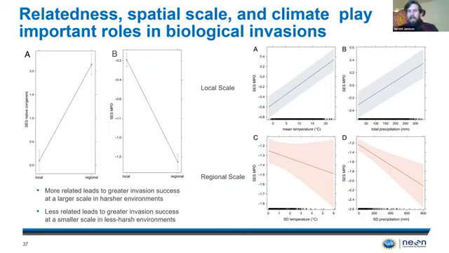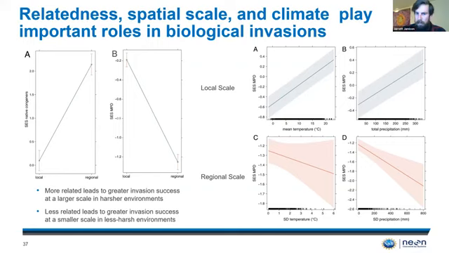Boxes A and B in the figure on the right show that mean phylogenetic distance, so less related, tended to increase with temperature and precipitation at local scales. So we see unrelatedness increasing with increasing temperatures and precipitation. Warmer, wetter environments tend to support more unrelated species and are less harsh, leading to more competition.